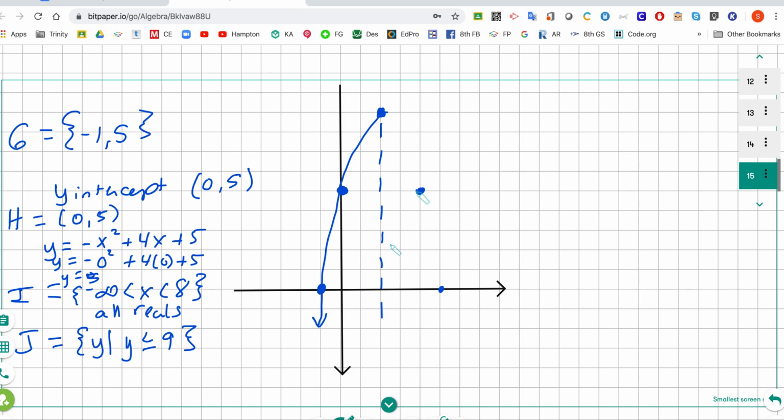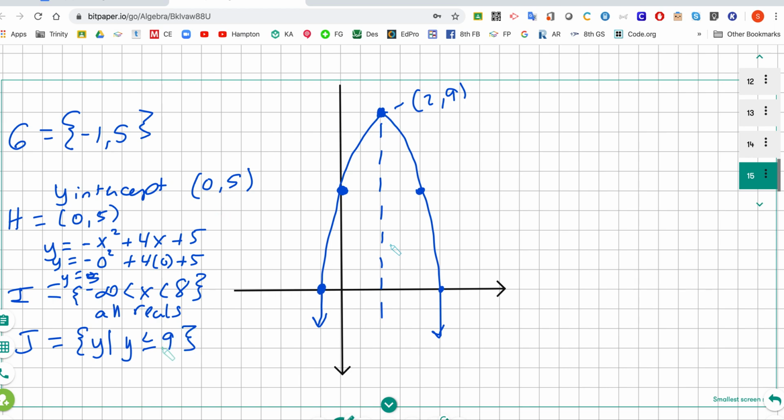And you'll notice that this ordered pair here is 2, 9. If you think of the roller coaster, I'm riding the roller coaster up, and I get to the maximum point or the highest point of the parabola before I come back down. So my vertex 2, 9 is a maximum. It is the maximum point on the parabola.